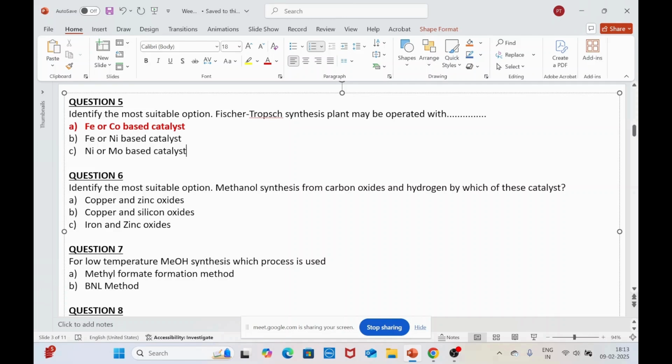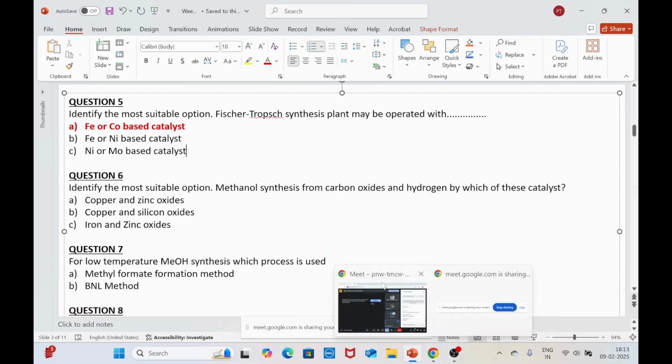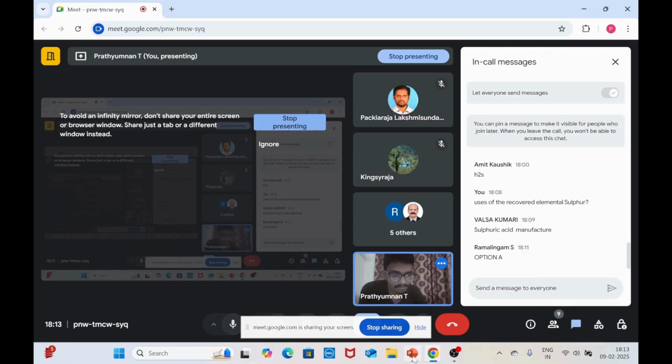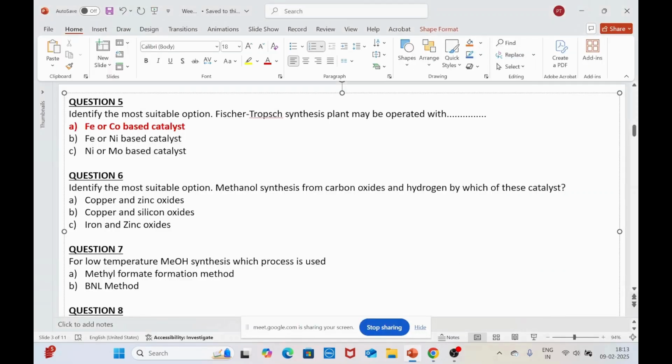Is it copper zinc, iron zinc, or copper nickel? Identify the most suitable option: methanol synthesis from carbon monoxide and hydrogen by which of these catalysts? Copper and zinc oxides. Yes.